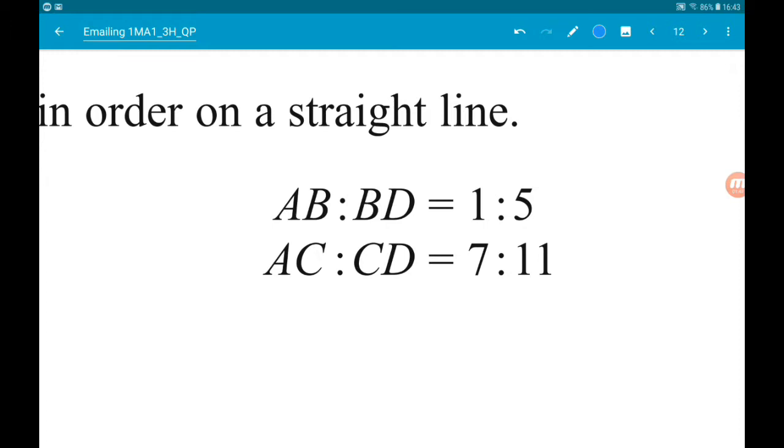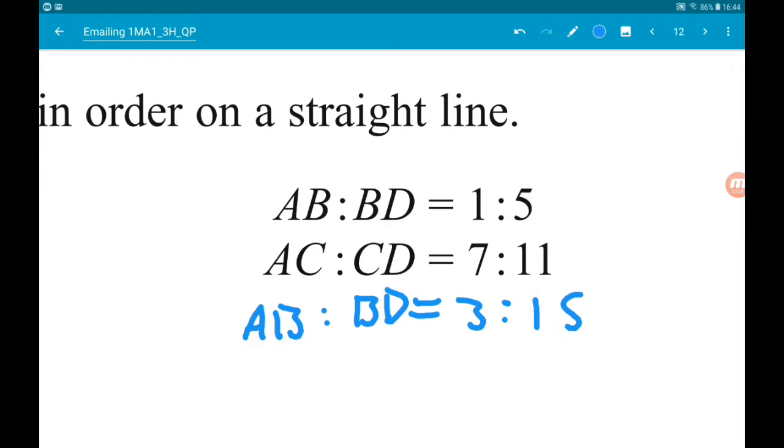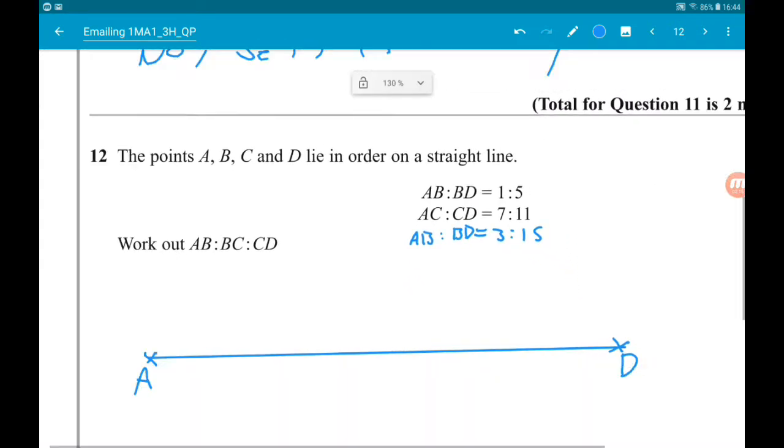So AB to BD is 3 to 15. We now know then that AB is 3 long.